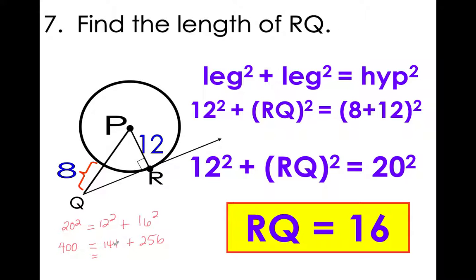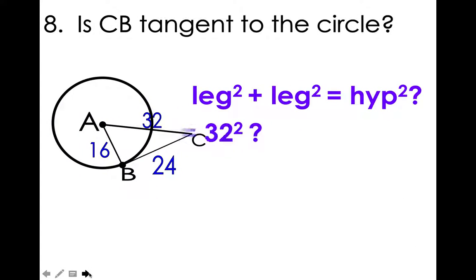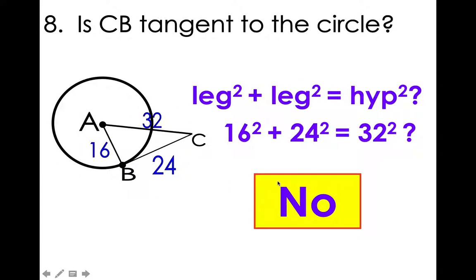When I add up 144 and 256, I get 400, and on the left side, I have 400. So therefore, QR is tangent to my circle because this satisfies the Pythagorean theorem. Whenever you hear me say satisfies the Pythagorean theorem, that basically means, is the Pythagorean theorem true? And we see right here, it is.